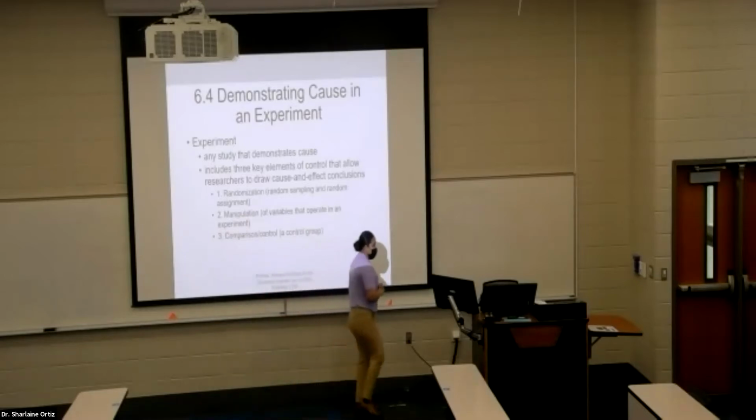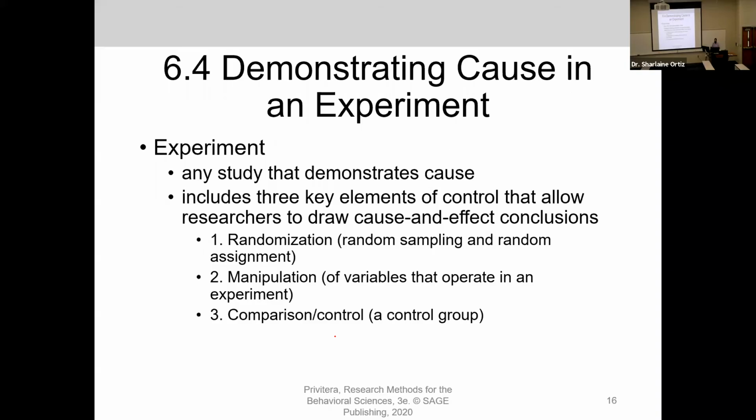Any questions so far? All right, good deal. The last factor that I'd like to discuss that we would need to comply with in order to conduct an experiment is comparison and control.